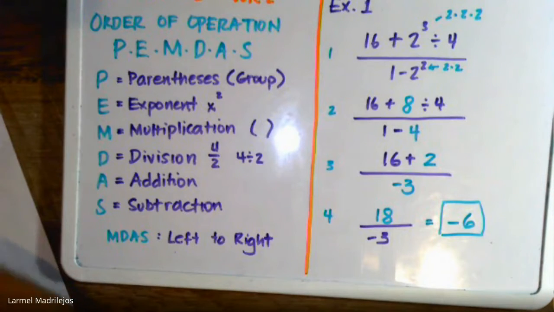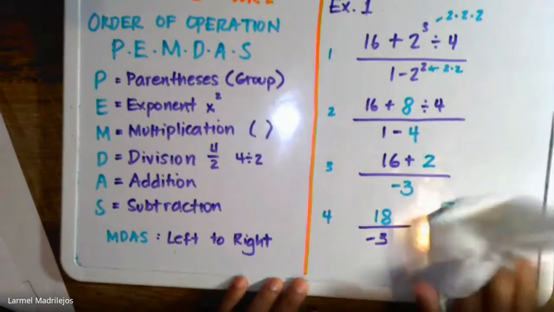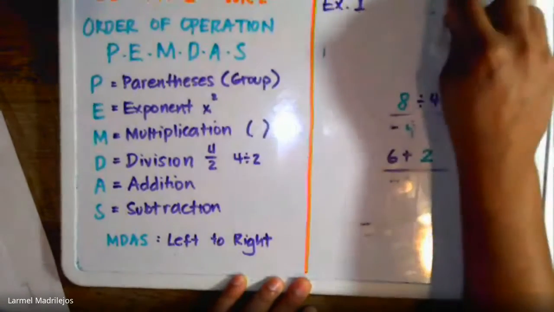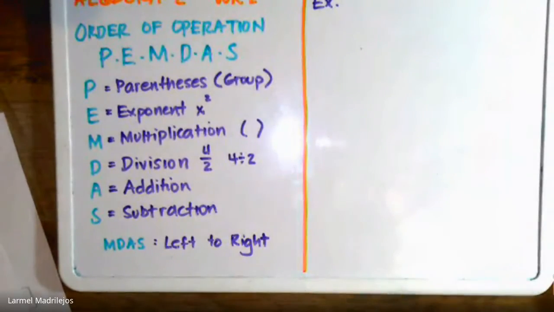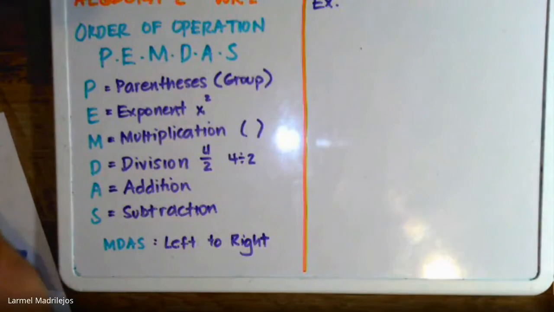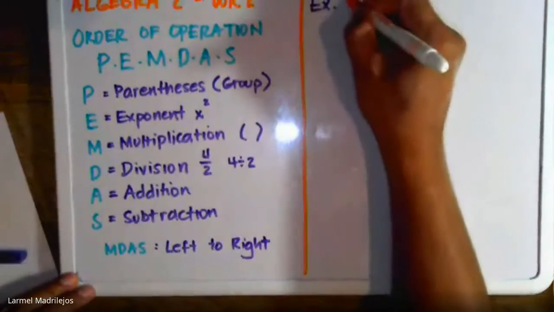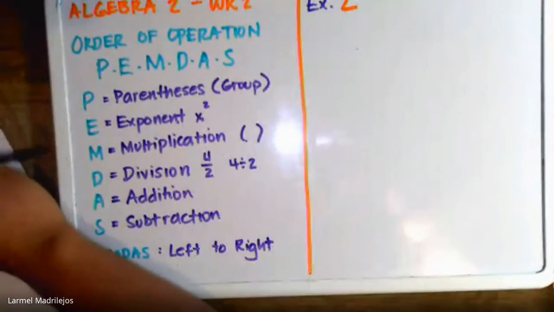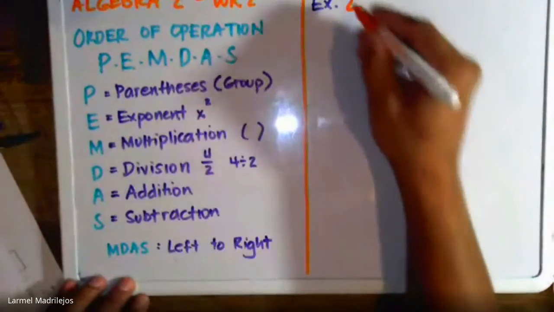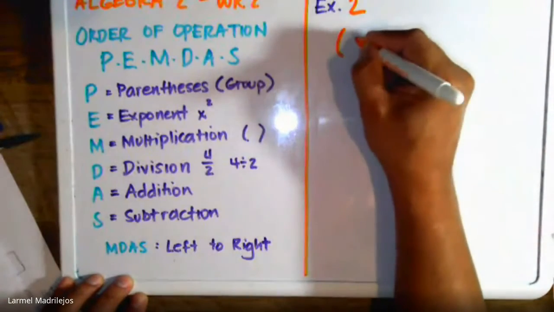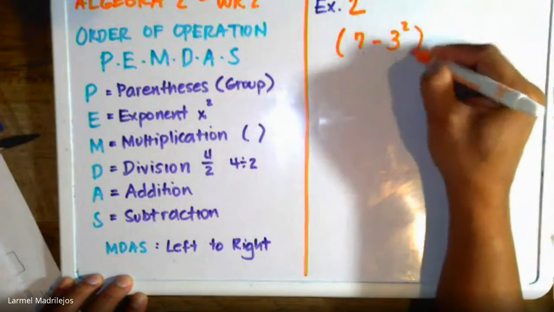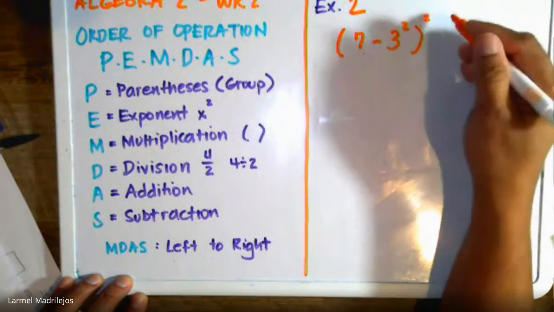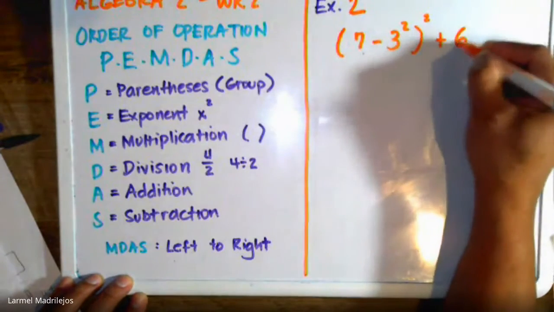Okay. Another example. Example number 2. Let's do 7 minus 3 squared, all over negative 2 raised to 2 plus 6 raised to 2.